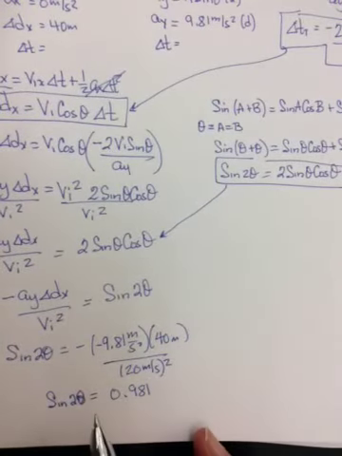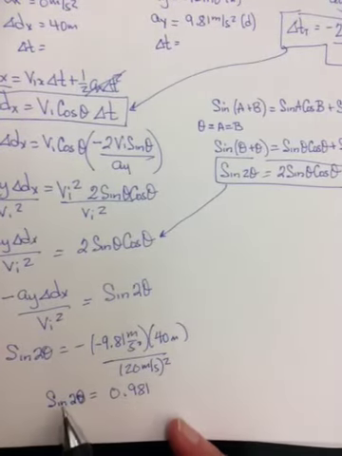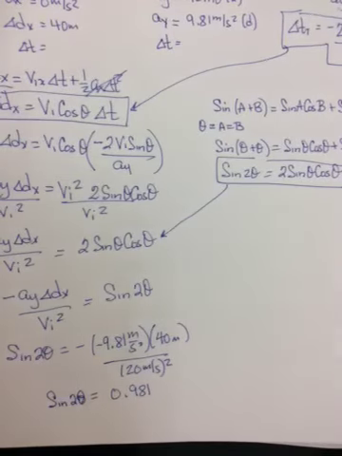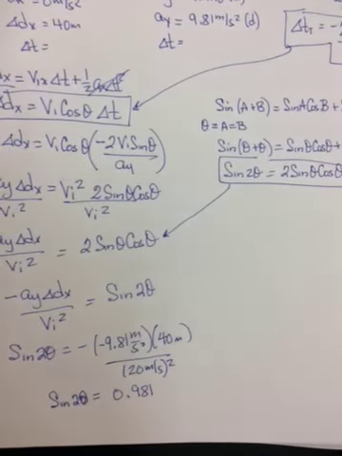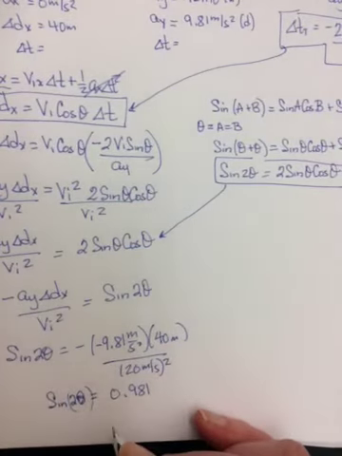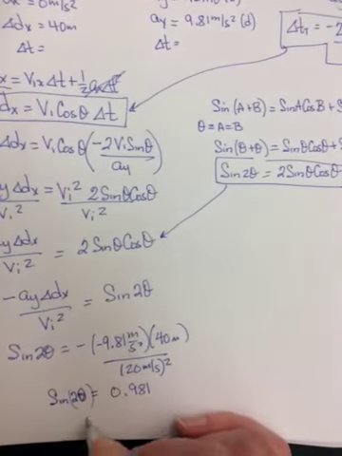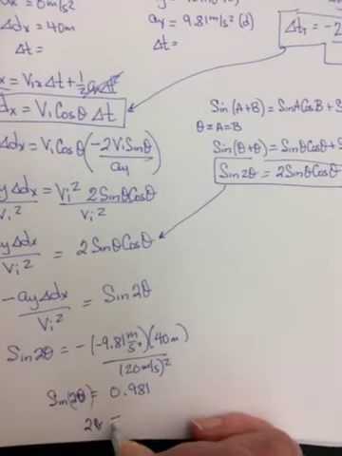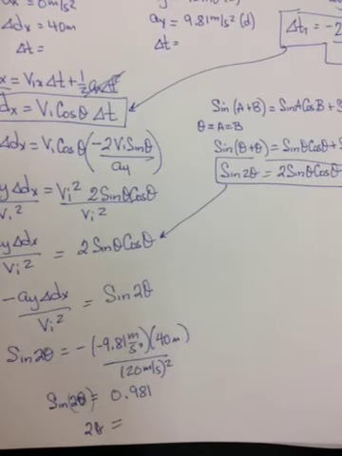Now the next question is, do you divide by 2 first or do you do inverse sine first? And the answer is inverse sine, because the 2 theta is inside the sine. So you need to get rid of the sine first. So do second function sine.